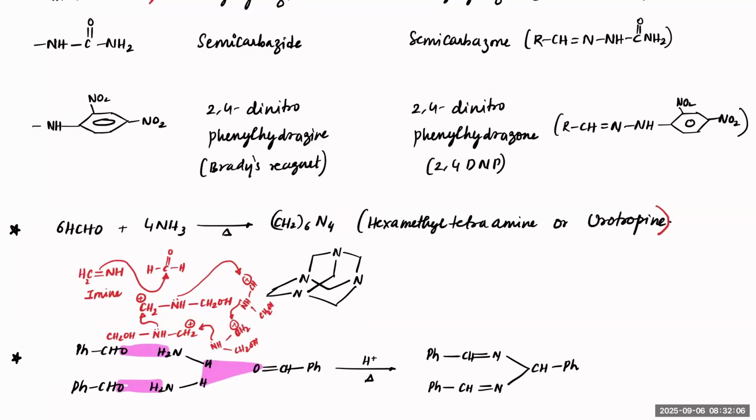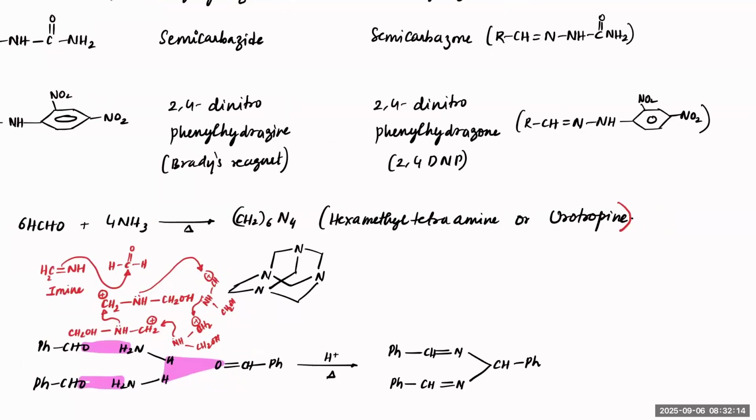This is a test, the 2,4-DNP test, which is the formation of colored compounds. If you reduce the temperature, they immediately crystallize into colored forms. Usually violet, yellow, or red crystals are formed. So that is a detection for the presence of aldehydes and ketones.